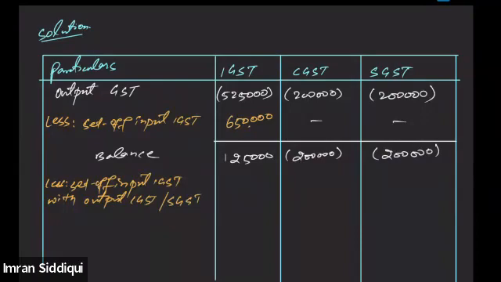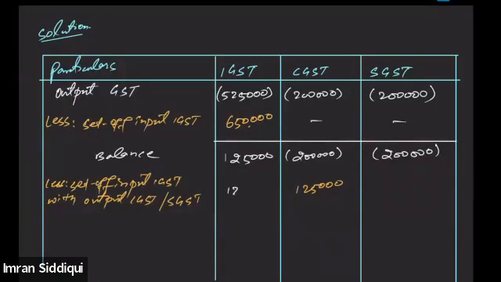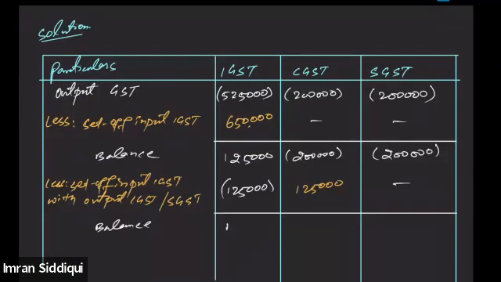Okay, so now we'll set off 1,25,000 out of 2 lakh, and we will be able to set off this entire amount. After setting off, there will be nothing left under the IGST. We don't have to set off any amount from the SGST. And now we'll calculate the balance. There will be nil balance under the output IGST.